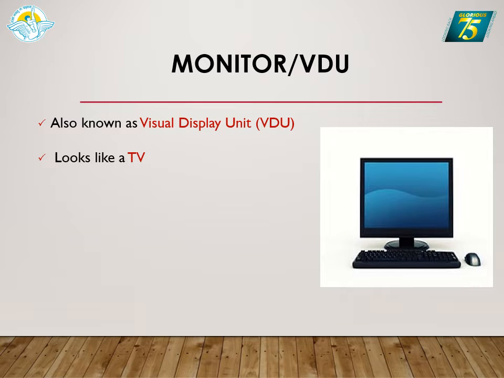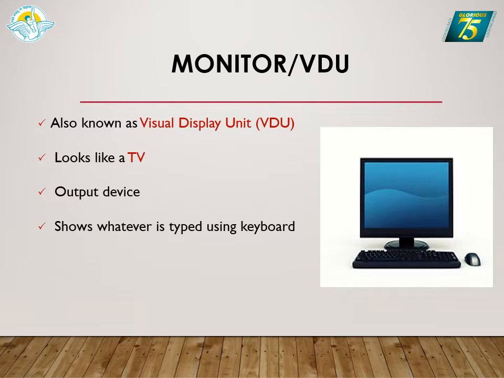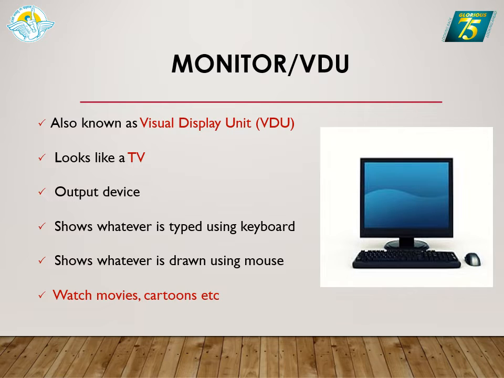Now if you look at the monitor, it is very similar to our television set. Therefore, it is called an output device. That means whatever you type with the help of a keyboard or you draw with the help of a mouse, you can see it on your monitor. You can also watch movies and cartoons.